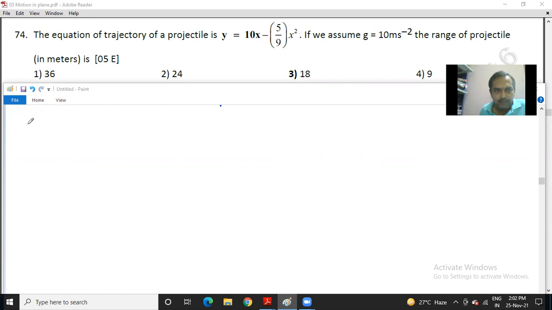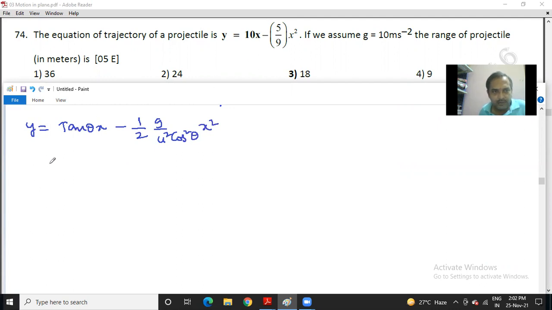So first you get back the final equation when a body is thrown at an angle. y is equal to tan theta into x minus 1 by 2 g by u square cos square theta with x square. Now the given question is 10x minus 5 by 9 x square.